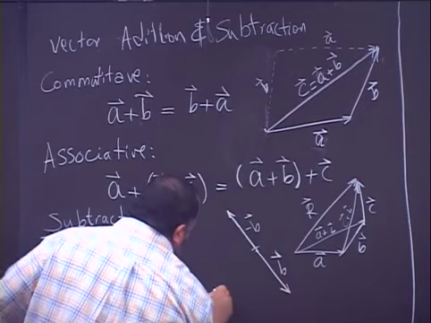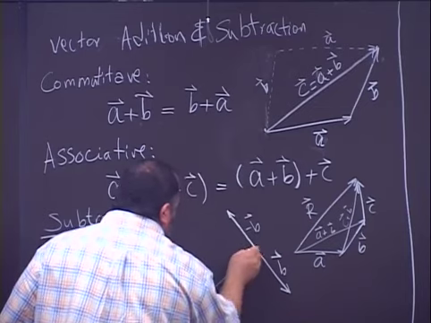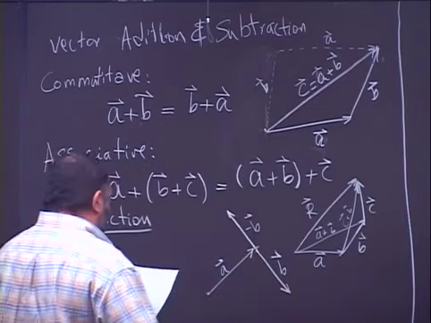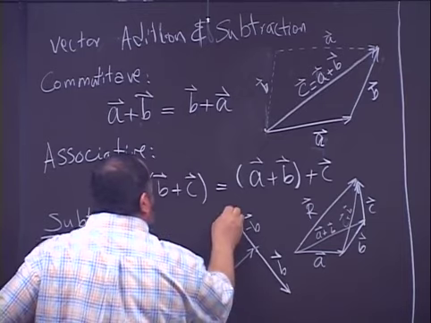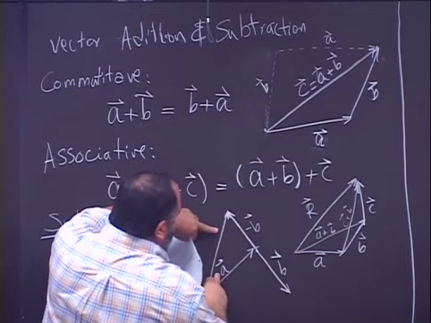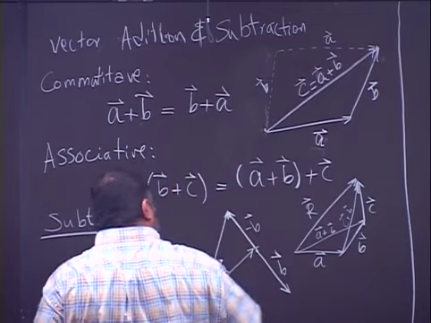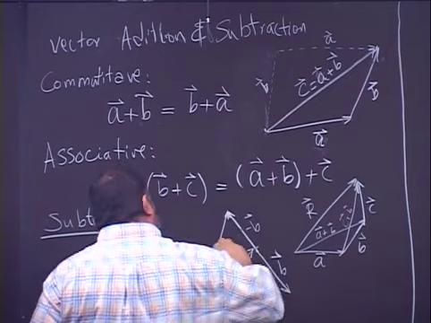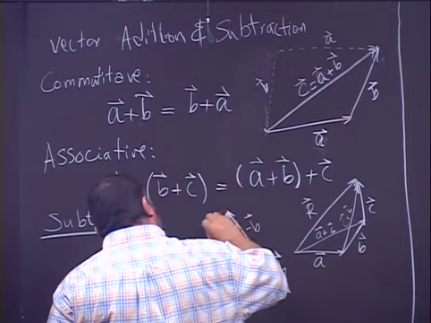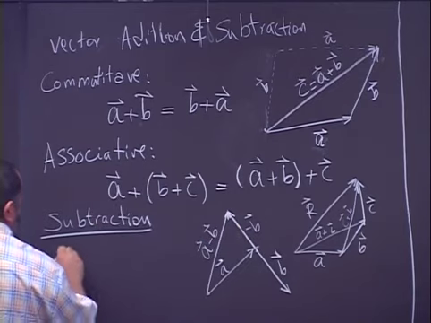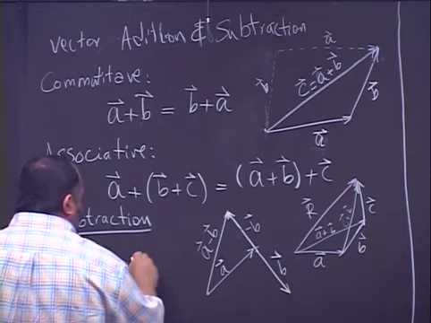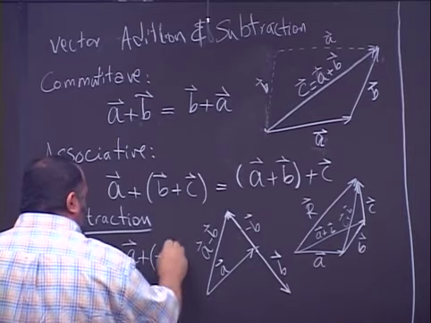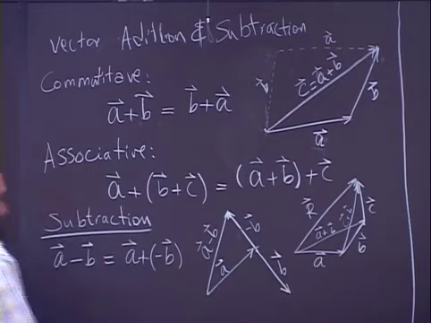And then let's assume that this is the origin here, and we have a vector here, A. So this vector is vector A minus B, the addition of vector A plus negative B. So this is A minus B. So let's say that vector A minus vector B is nothing more than vector A plus the negative of vector B.